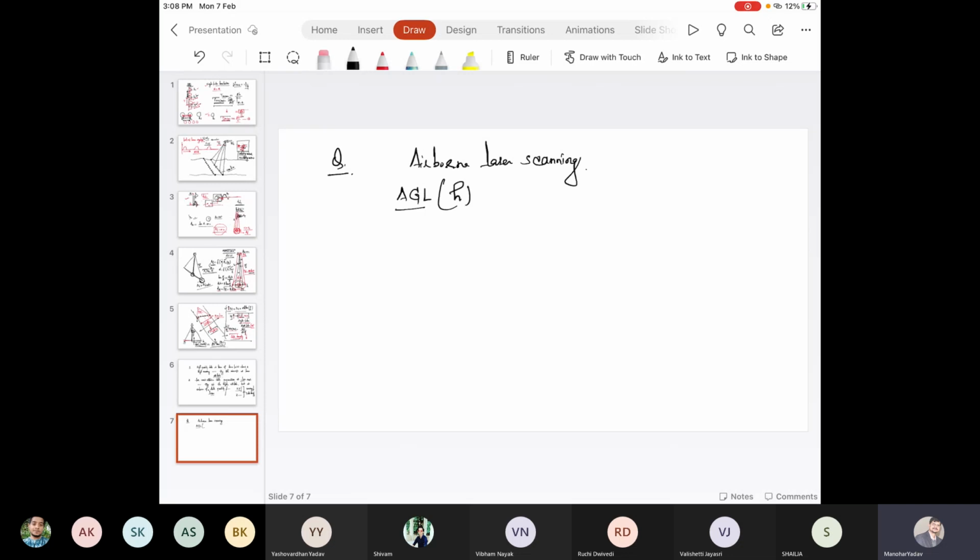Use this height h is equal to 1000 meter, and the laser scanner that is inbuilt with the laser scanning system has single pulse limitation.